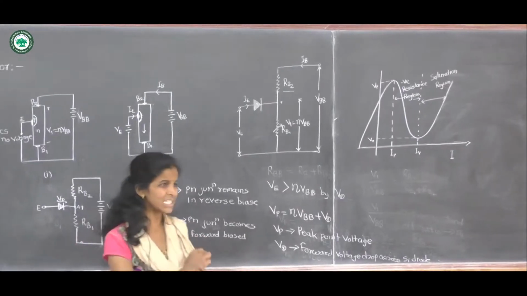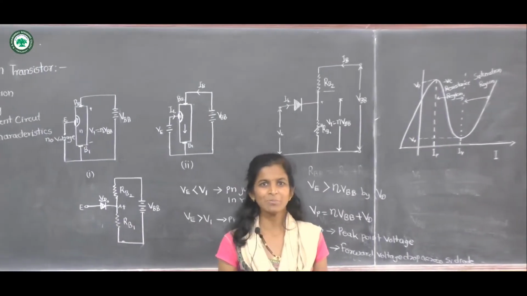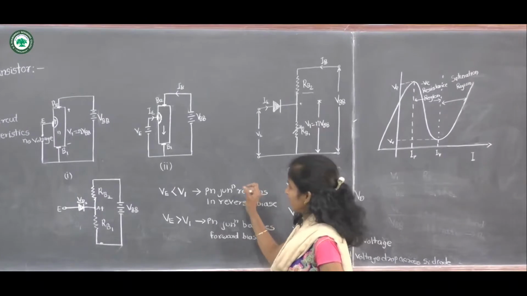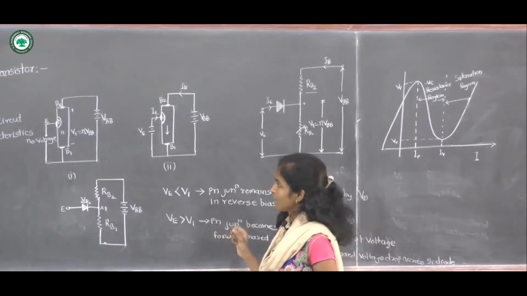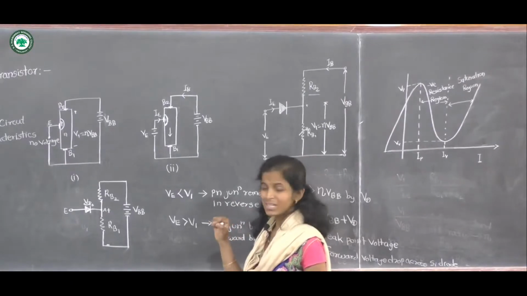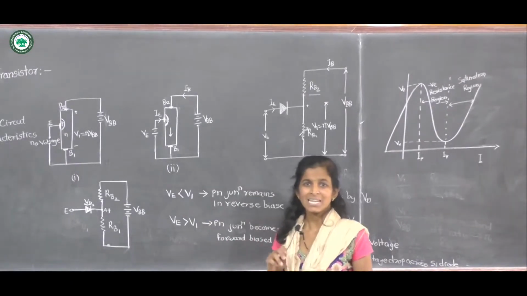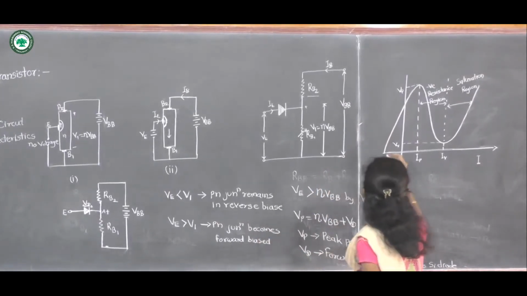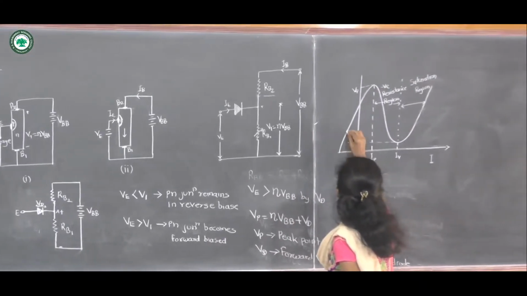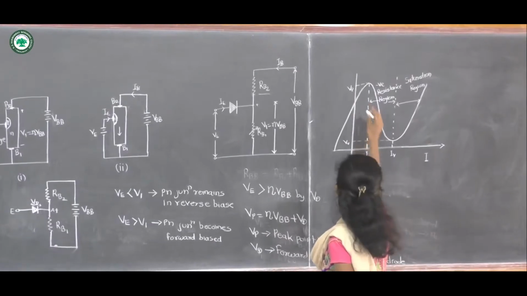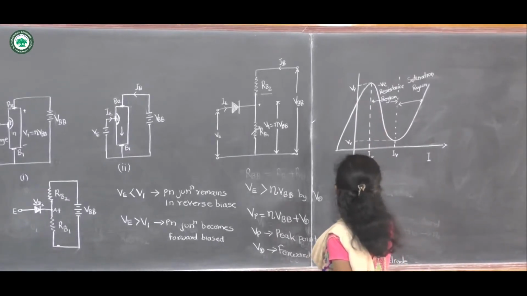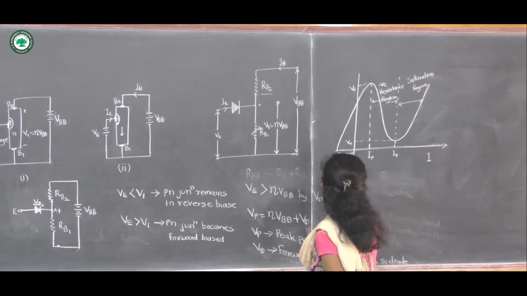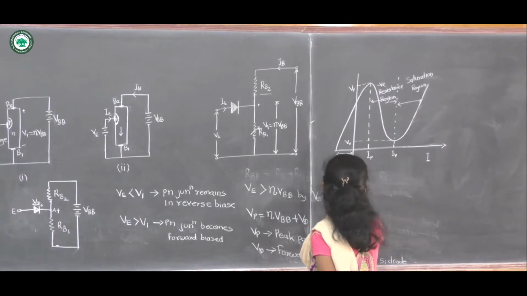Initially, when no emitter voltage is applied or a very small emitter voltage is applied, the PN junction is in reverse bias, and when slowly we increase the VE, the current increases, and this current is the reverse saturation current, which is given by IE0.